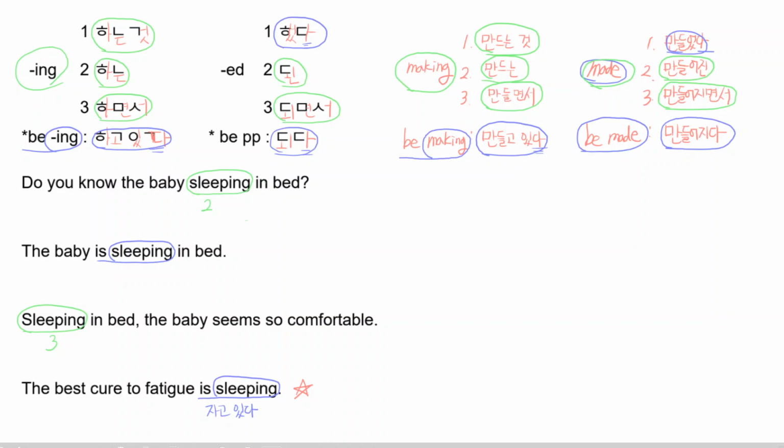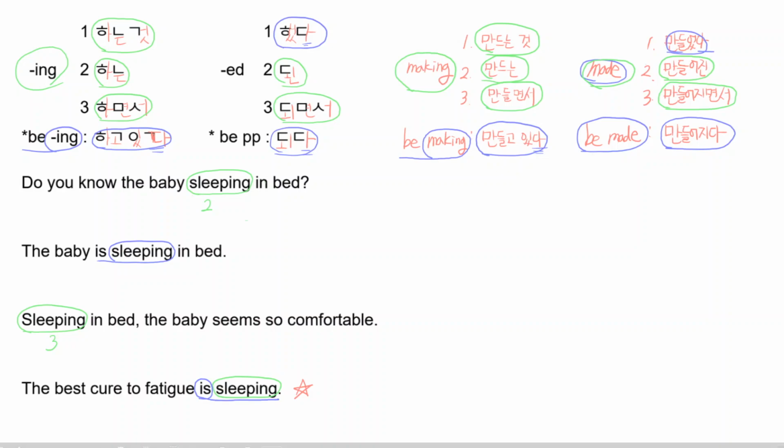But if we see the context, if we see the meaning in the sentence, it says 피로에 가장 좋은 치료는 자고 있다. It doesn't make sense, right? So I guess this is not right. So it must be something different, right? So we could try this at this time. What if sleeping is just one and is just one?